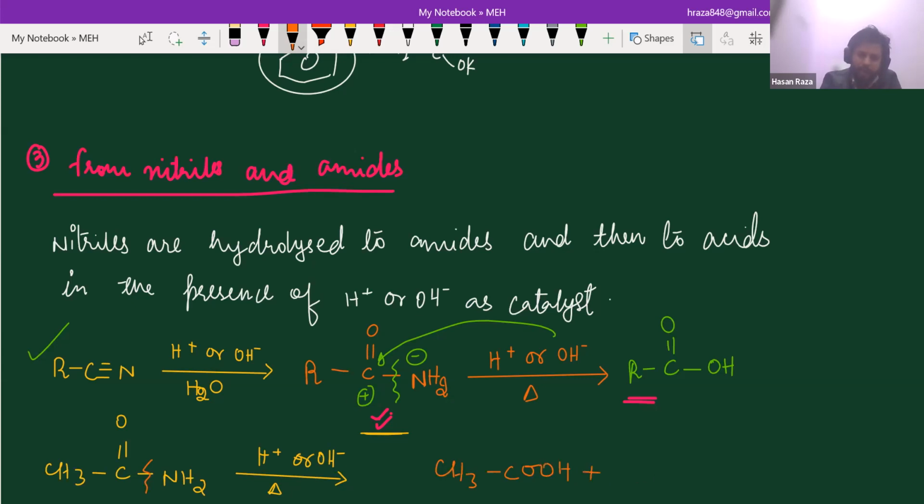The byproduct will be NH3, because you know that this will be negative, this will be positive. So negative will go to positive and positive will go to negative. So the byproduct will be NH3. Please do write.